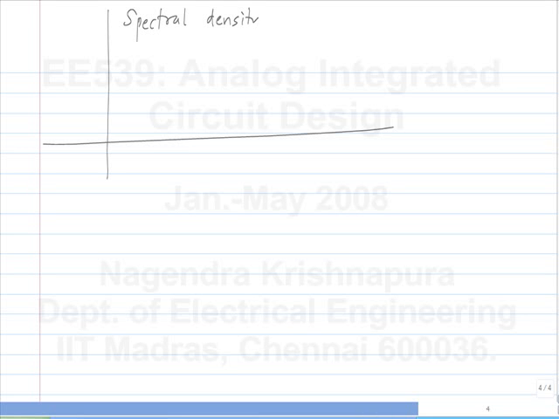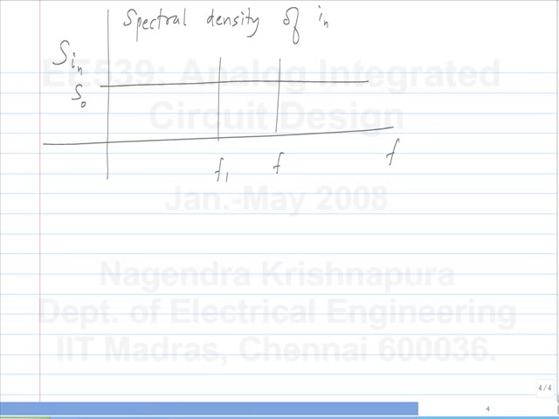So this is the spectral density of the noise current of a resistor. I'll call it S_IN. Okay. And it has a certain value, S0, which is constant over frequency. What are the units of S0? See, if we integrate this over a certain frequency range, okay, we get the mean square value in ampere square.